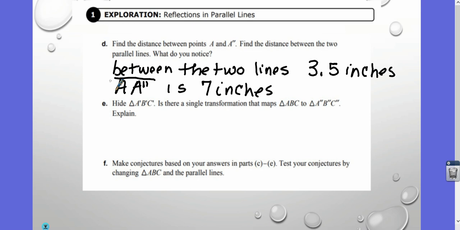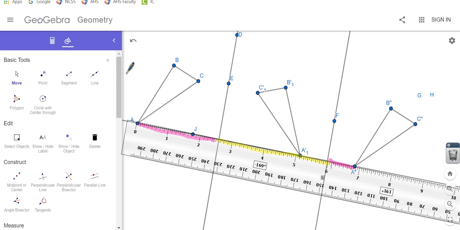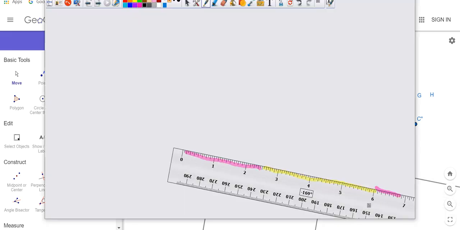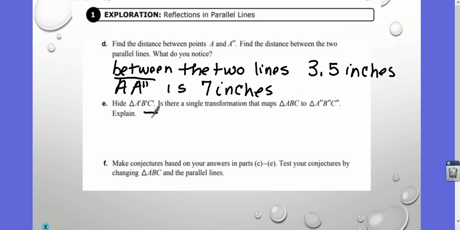Okay? So it says hide triangle A prime, B prime, C prime. Is there a single transformation that maps ABC to A double prime, B double prime, C double prime, and explain? Well, if we got rid of the one in the middle, let's just ignore it. And if I take the pre-image and put it on top of the second image, then we notice that it is exactly the same. So we would say it was translated.